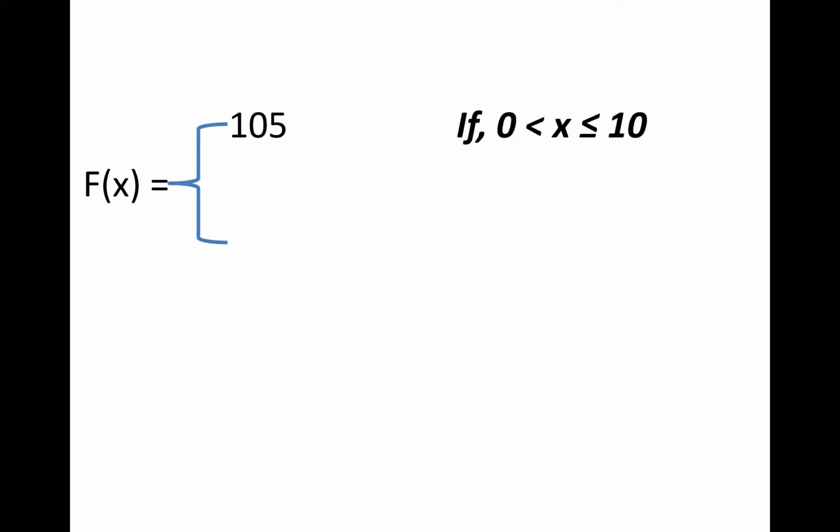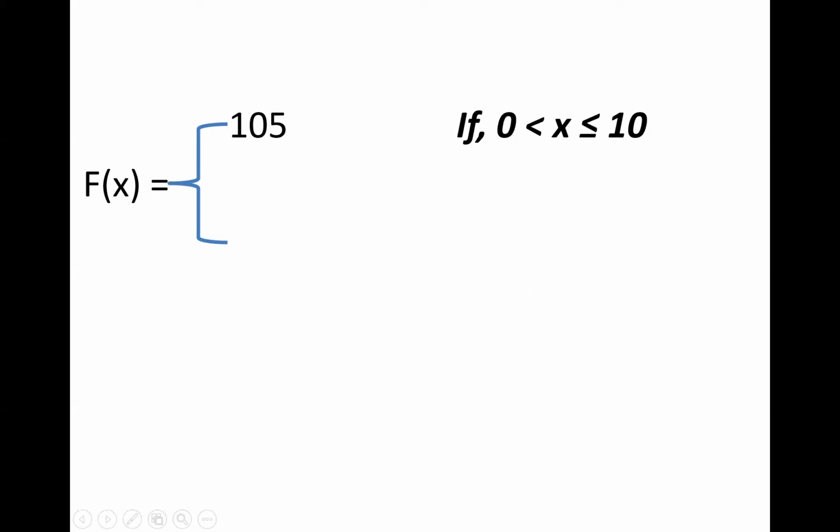Let us have this example of piecewise function. That is, f of x is equal to 105 if the values of your x ranging from less than equal to 10 but greater than 0.